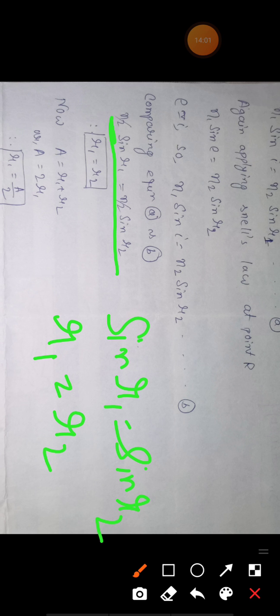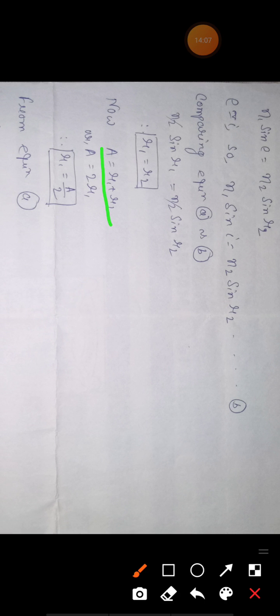Our equation number 3 was A is equal to r1 plus r2. Now we have found r1 is equal to r2. So in place of r2, if you write r1, the right side becomes 2r1, or r1 is equal to A by 2.